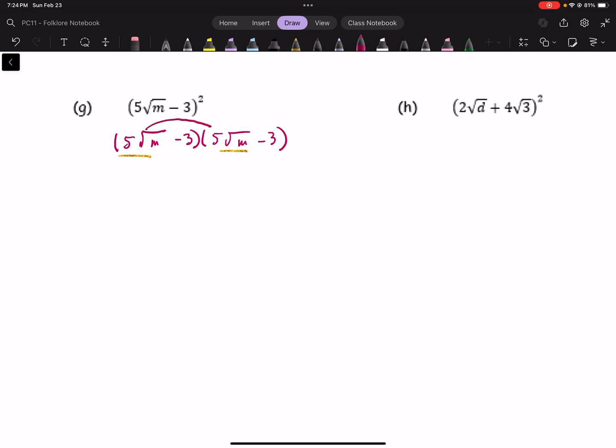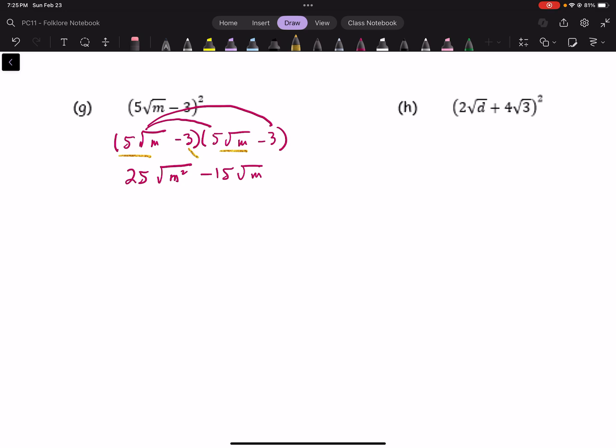5 root m times 5 root m is, I'm going to multiply the coefficients. Now the root of m times m is going to be m squared. Perhaps you already knew that. That would be good. 5 root m, now I'm going to complete that second multiplication, times negative 3 is negative 15 root m. Well, I'm done with that first term.